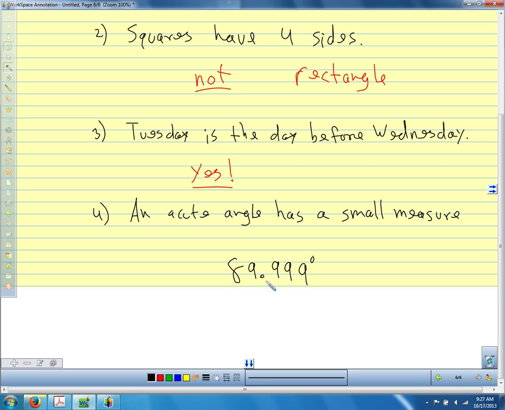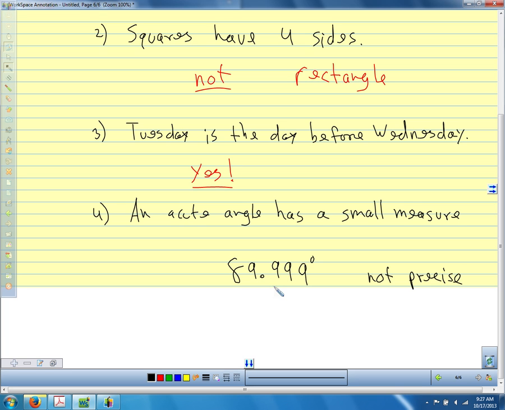And our counterexample to this would be 89.99 degrees. I would say that's not really small. So this is my counterexample, and this is also not precise. If we said an acute angle has measure less than 90 degrees, then we'd be doing a little better. So we need to be precise also.